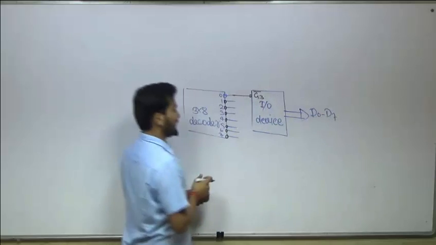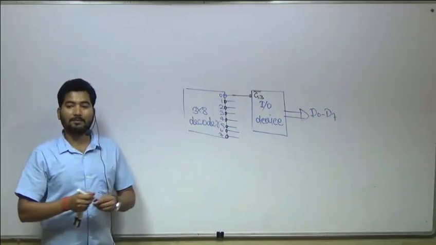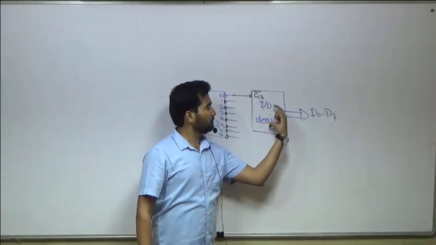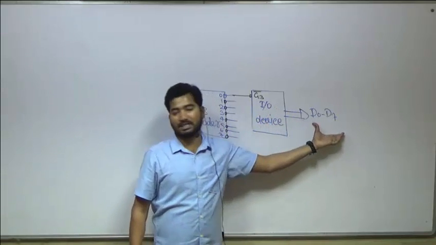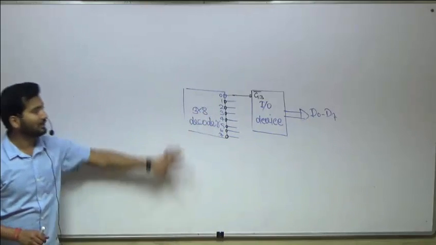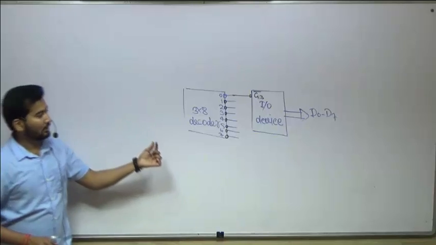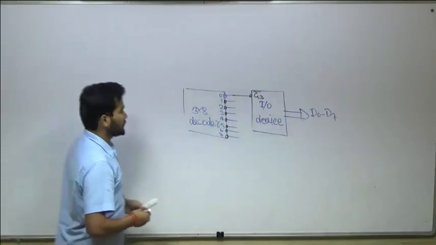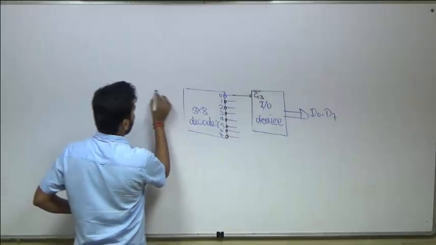We want to transfer some data from this input output device through these pins D0 to D7. What would be the correct instruction to transfer the data from this input output device through these pins? This is the question.